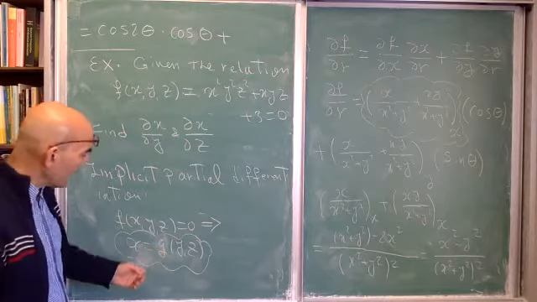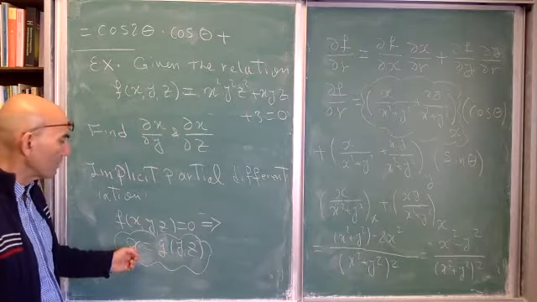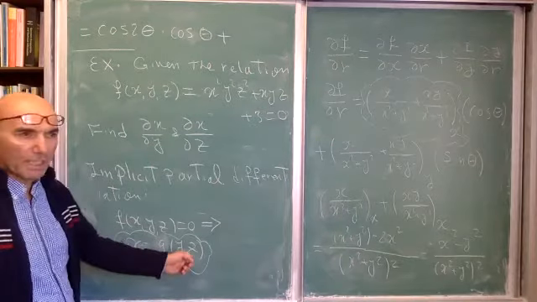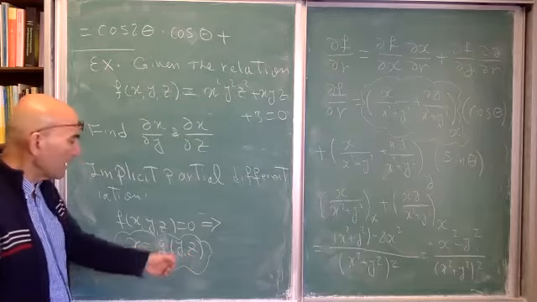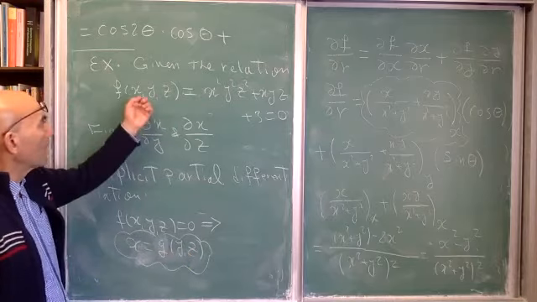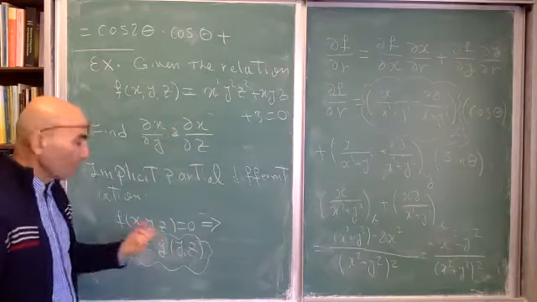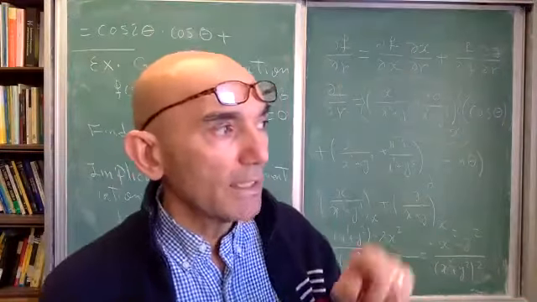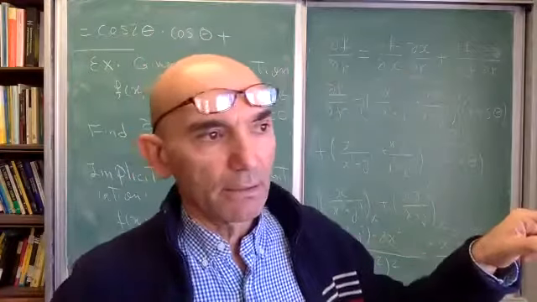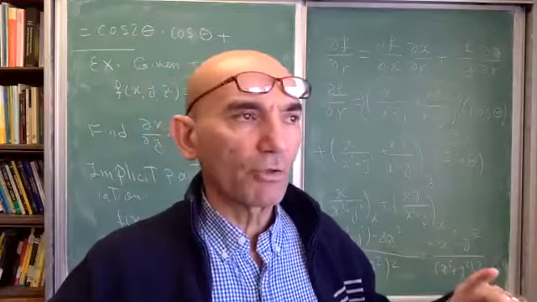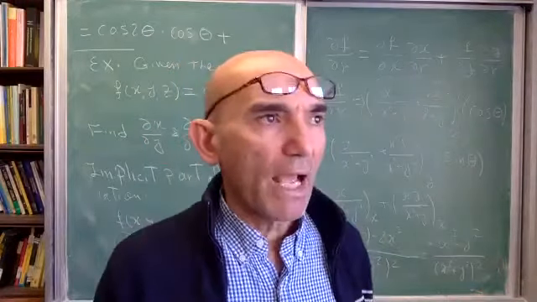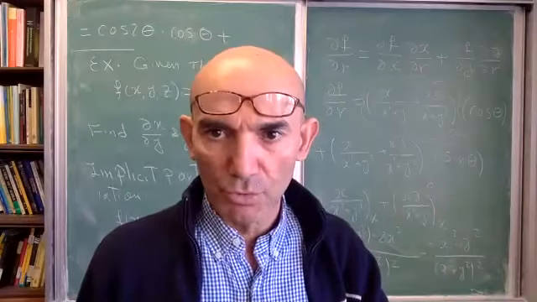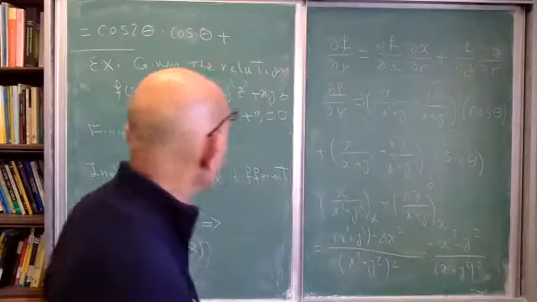Then it makes sense to talk about the partial derivative of x with respect to y and the partial derivative of x with respect to z, because after all, x is a function of y and z by this relation. But of course, you can turn around and say that y is also a function of x and z, and z is a function of x and y. So you can have dependence of any of them on the remaining 2.